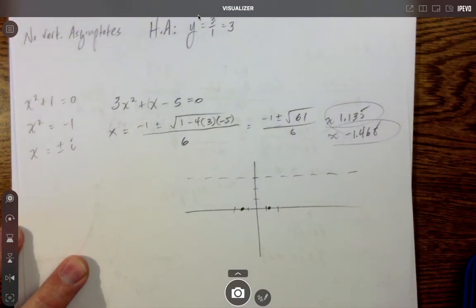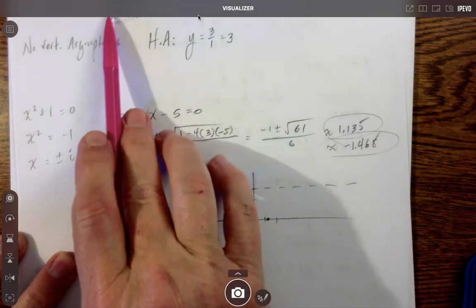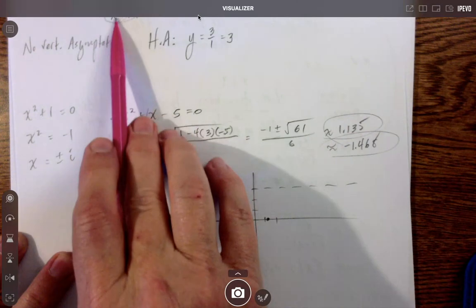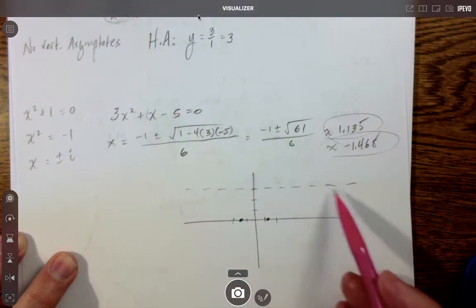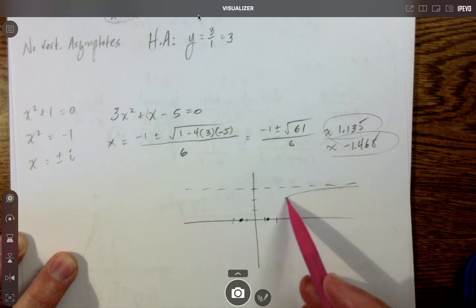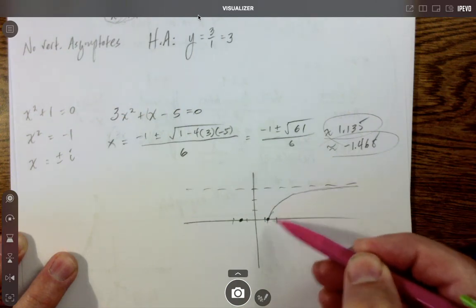So what happens here? Well, let's see. As x gets very large in the positive direction, it's just going to approach 3. So that means it's going to come over here. I'm assuming it's going to do something like this.